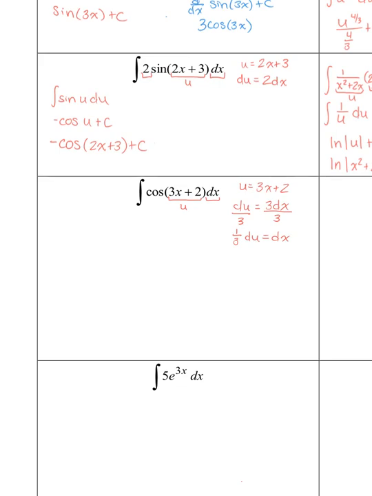Now my integral is going to be cosine of u, and I'm going to substitute for dx 1/3 du. So this is a constant, we can kick it out. Well, the integral of cosine is sine.